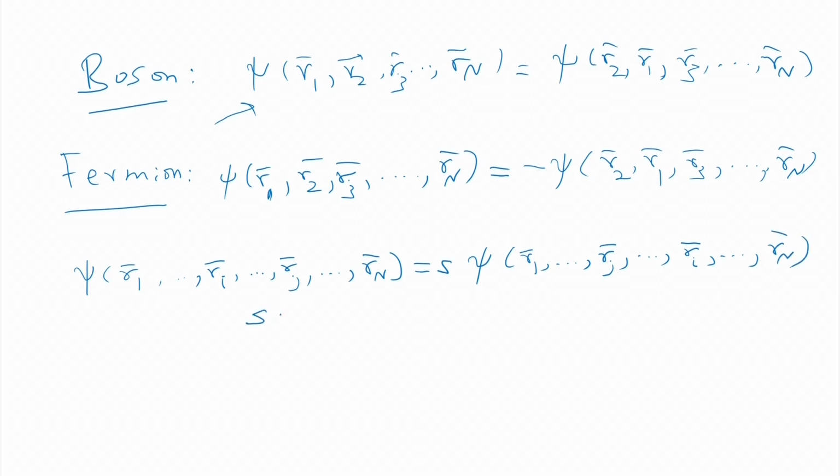So S is either +1 for bosons or -1 for fermions. So this is +1 for bosons, -1 for fermions.